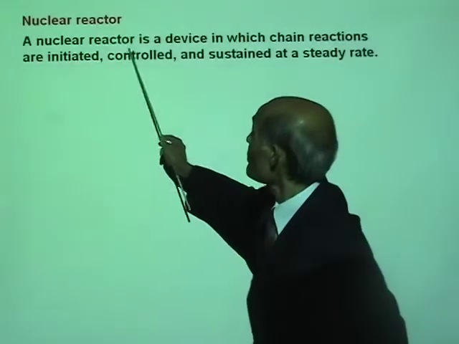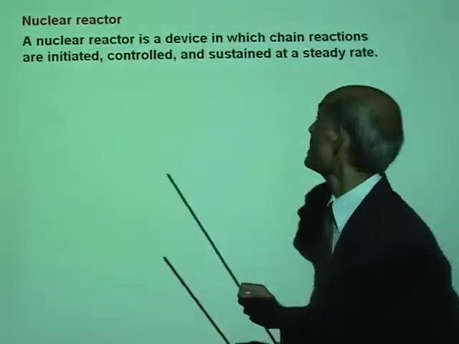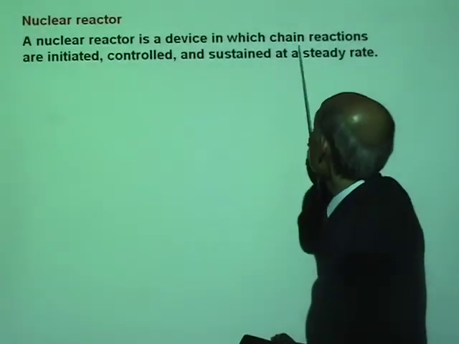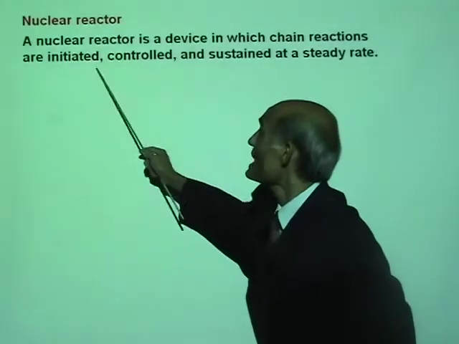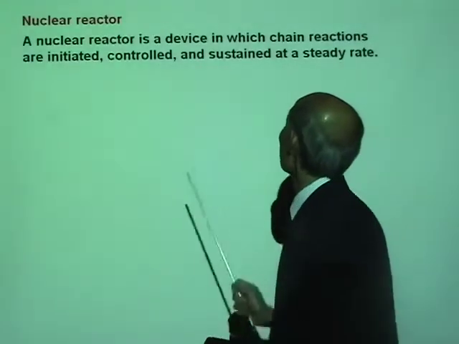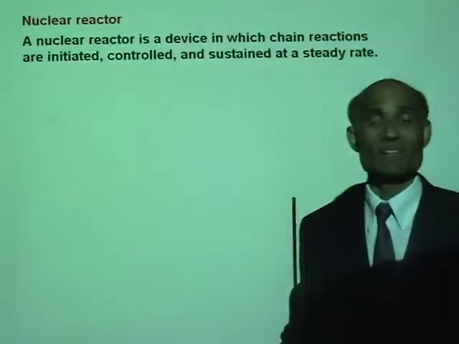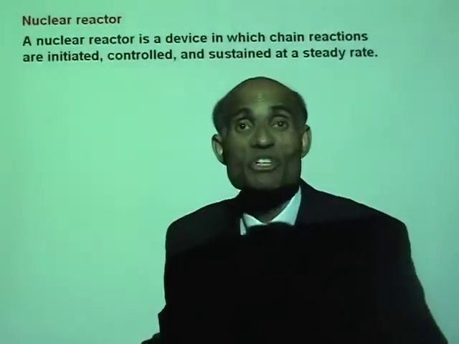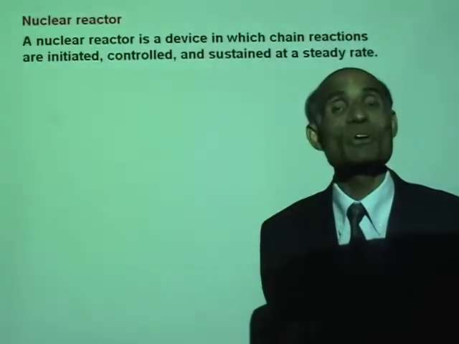A nuclear reactor is a device in which chain reactions are initiated, controlled, and sustained at a steady rate. Now, all these processes need to occur in a nuclear reactor.